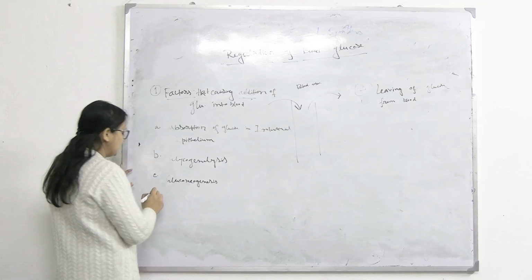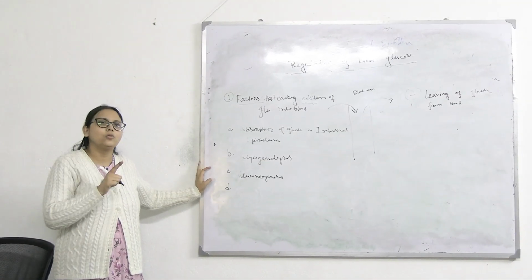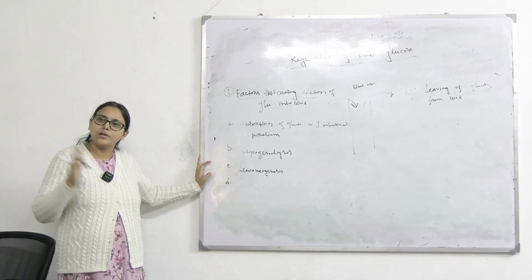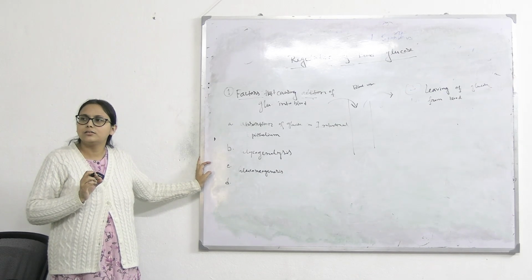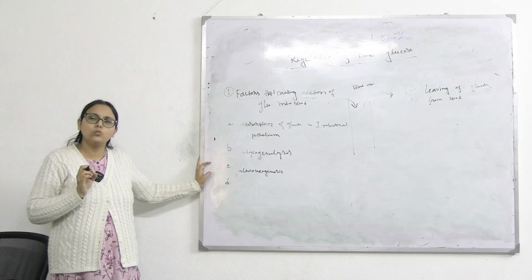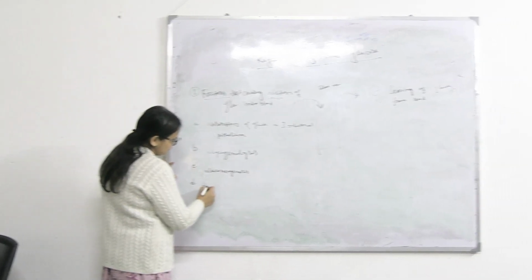And the last point is some hyperglycemic hormones. That means the hormones that cause rise of blood glucose. Name some: glucagon, then epinephrine, norepinephrine, glucocorticoid, growth hormone. Okay, cortisone.